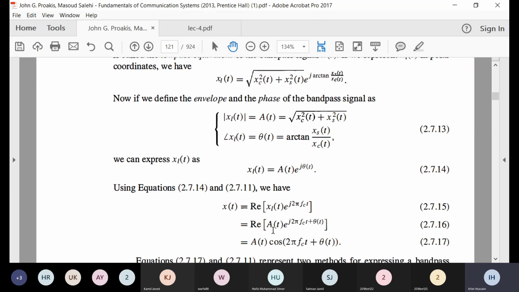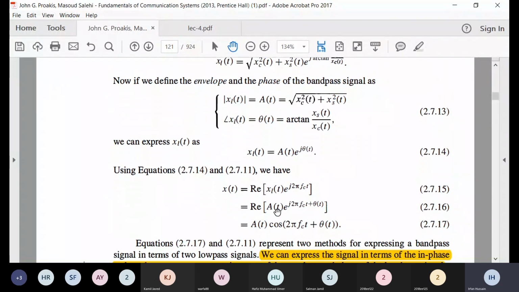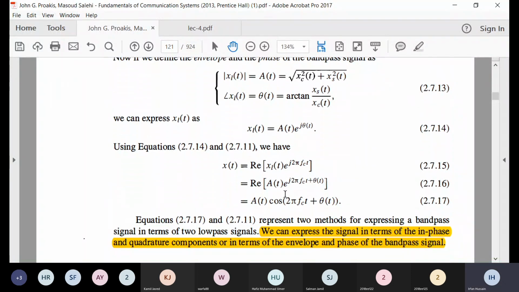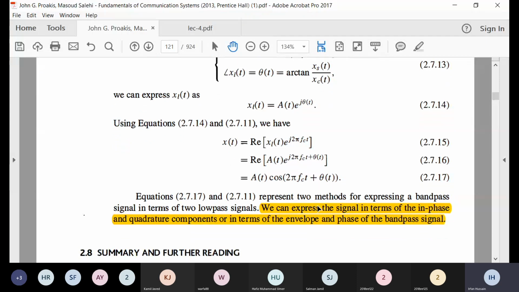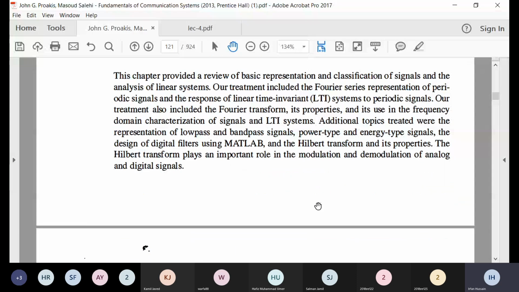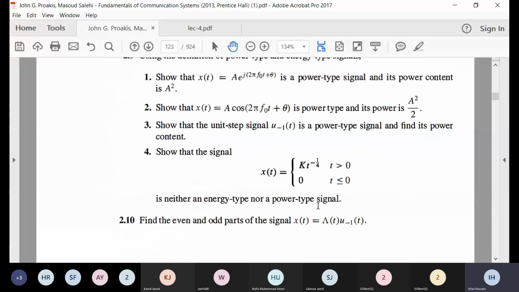But here we are using complex notation at the beginning. So now you again multiply this with the high frequency carrier, and you get the same representation. So there are different ways of representing the low pass and the band pass signals, as we have just gone through. So this chapter is finished.